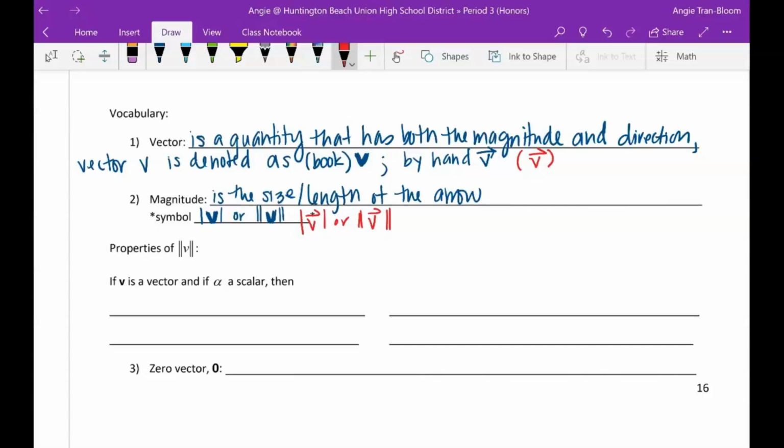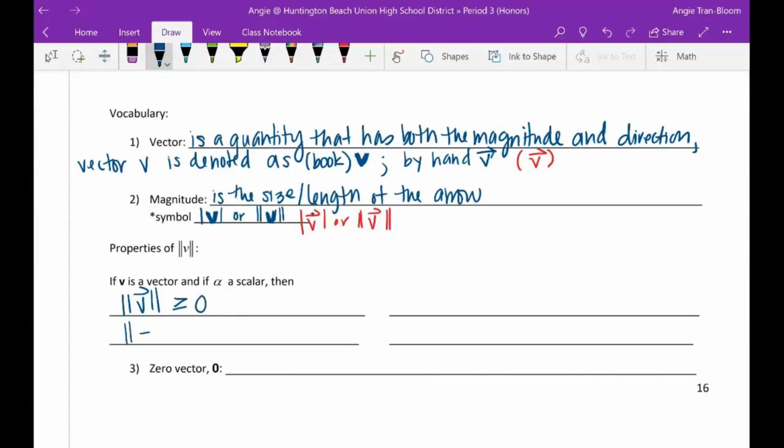So some properties of the magnitude are: if V is a vector and if alpha is a scalar, then the magnitude of vector V has to be greater than or equal to 0.